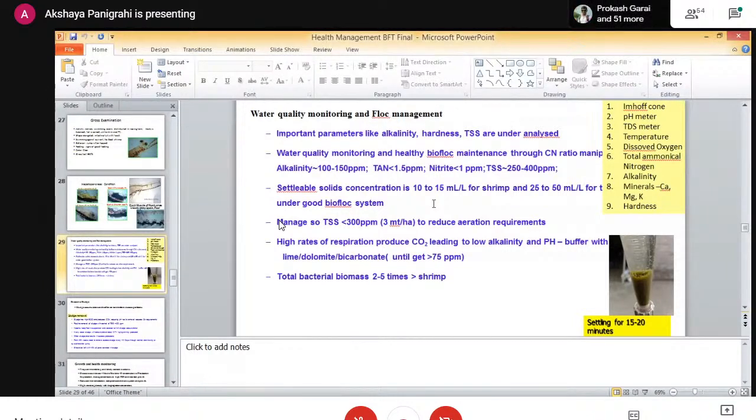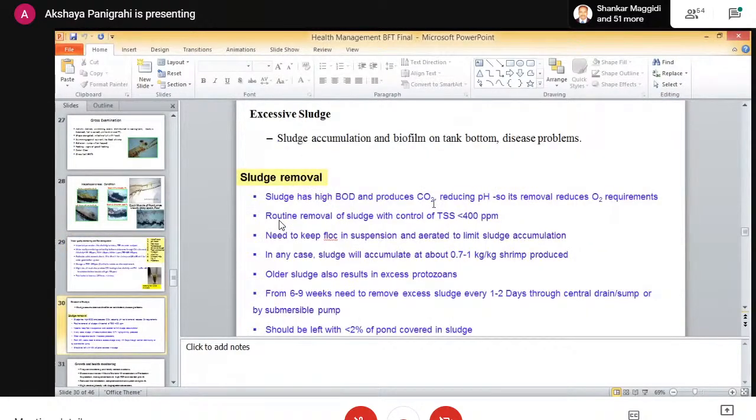The biofloc volume for seed should be only 10 to 15. For fish it can go a little higher, 25, 30, 40, but not beyond that, because if the total suspended solids go to more than 300 or 400 ppm, it is very dangerous, because the gills will clog and the animal will be stressed.